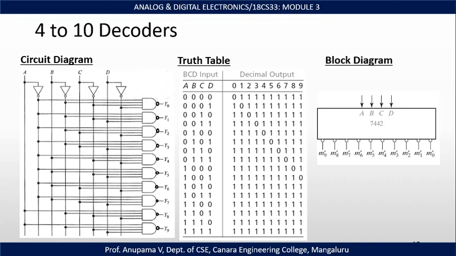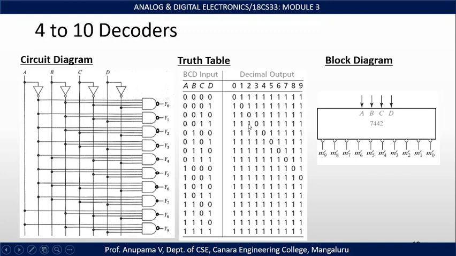Now let us see the truth table. A, B, C, D are the inputs, and Y0 to Y9 are the outputs. When the input is 0000, Y0 is 0 and Y1 to Y9 are 1.